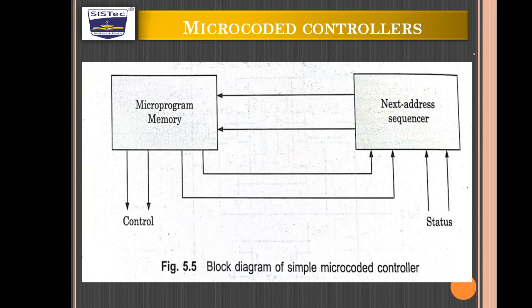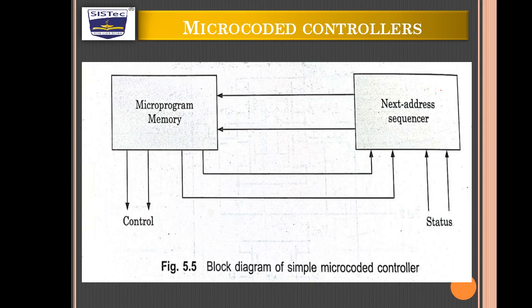In this block we use the next address sequencer. The next address sequencer basically controls the execution sequence of micro instructions, and it simply generates the next instruction address in a fixed pattern, for example by incrementing a counter. If we use down counters or up counters, it generates addresses in a sequential, fixed way.